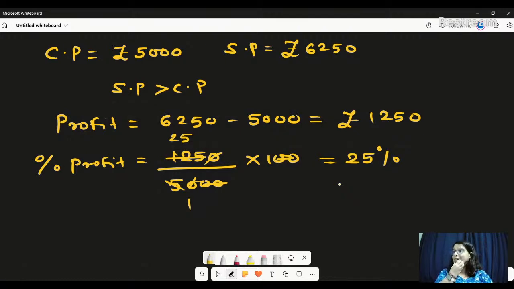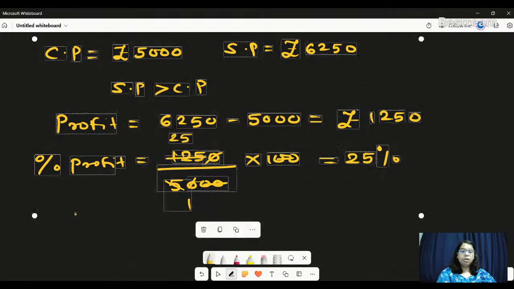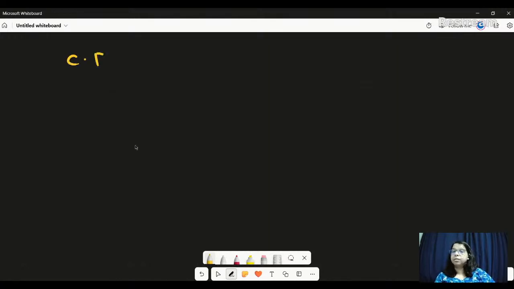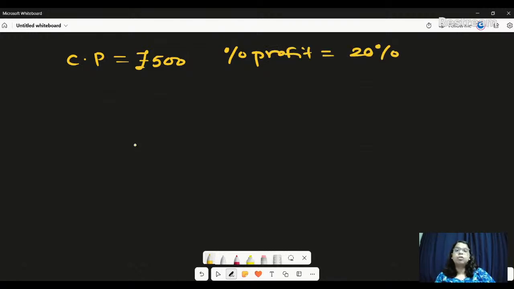Now let's see what happens when your profit percent is given. They are saying that the cost price of an object is 500 pounds and the percent profit is equal to 20%. Find the selling price of this particular good. So we are going to write the formula.